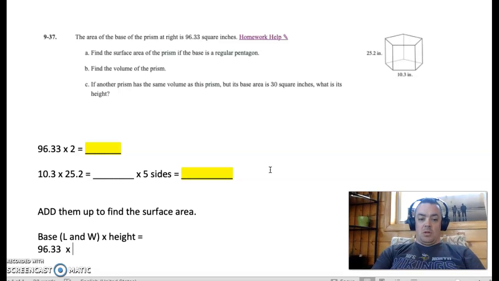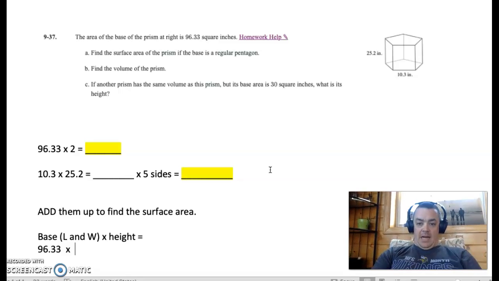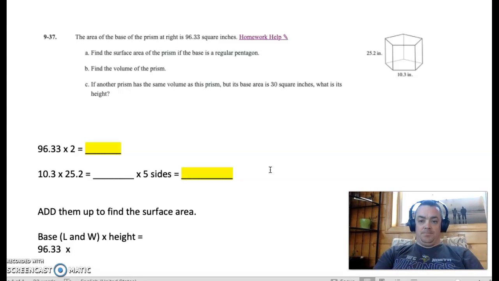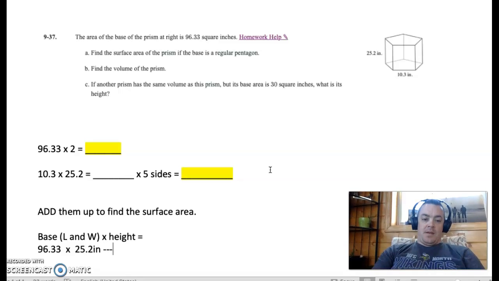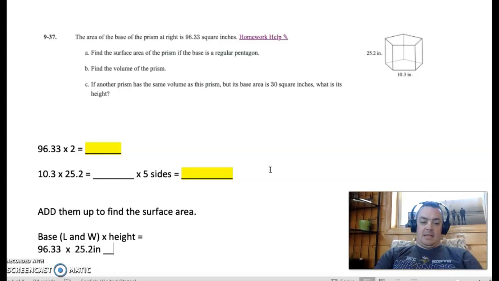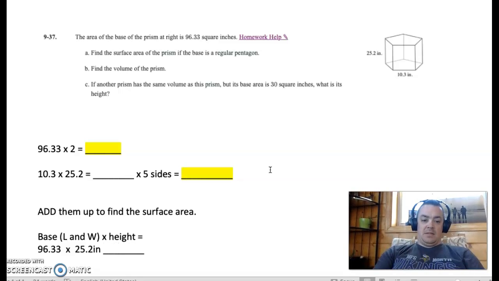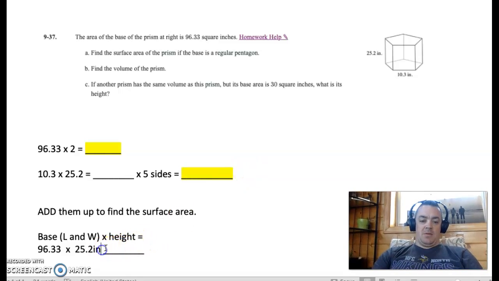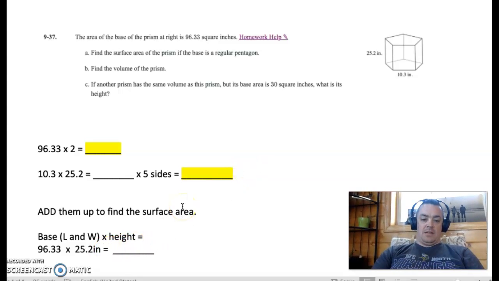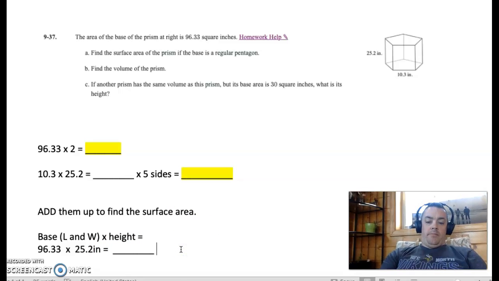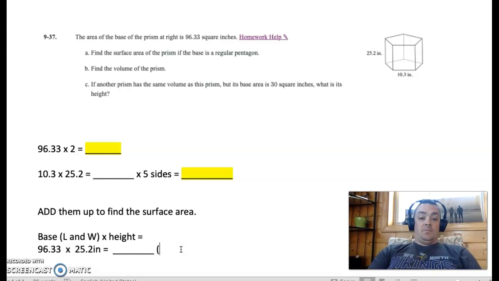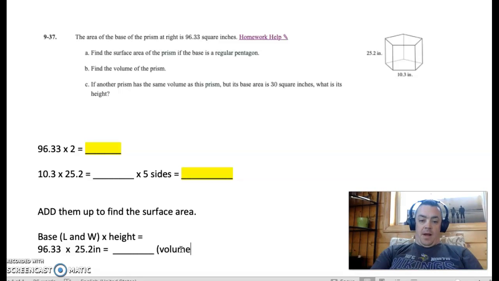And then we're going to multiply that by the height of that, which is 25.2 inches. Okay, and then that will give us, I forgot my equal sign, that will give us our volume, right?